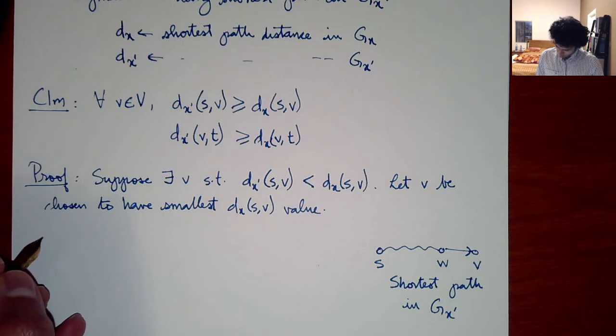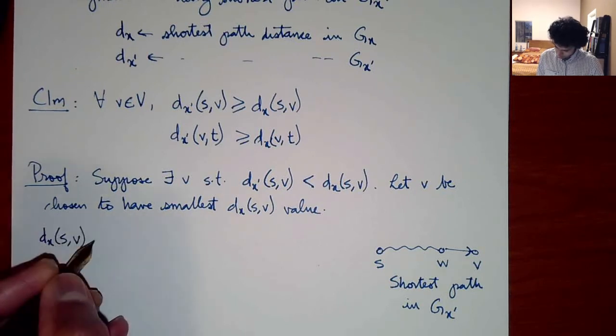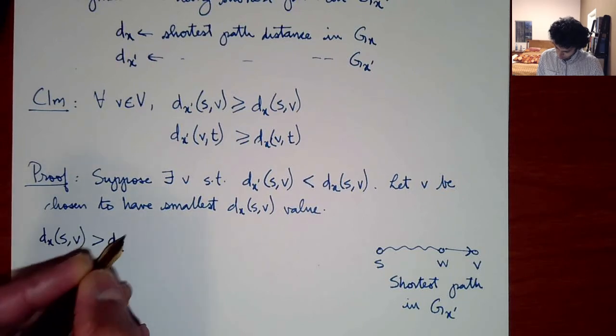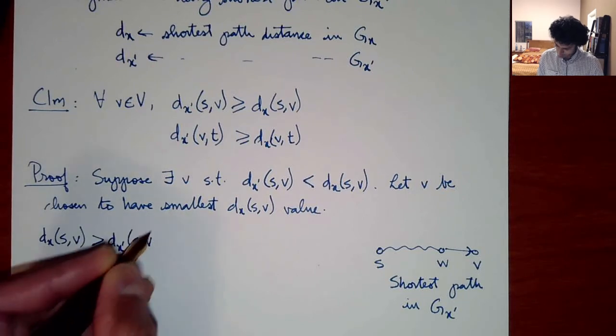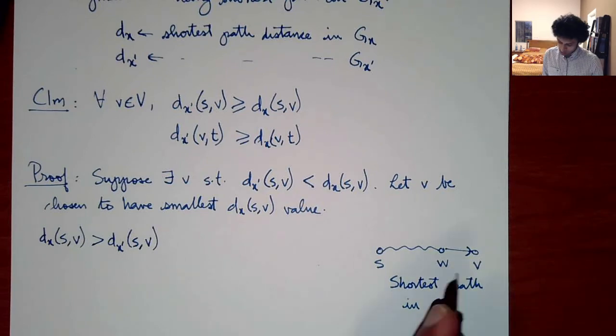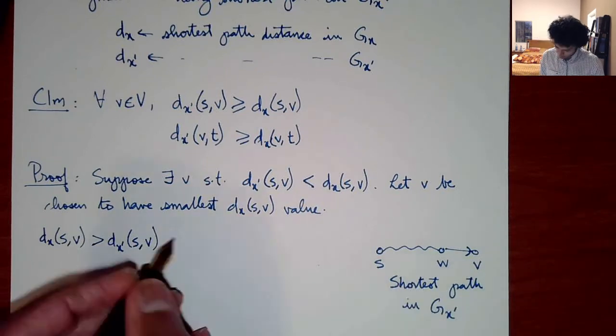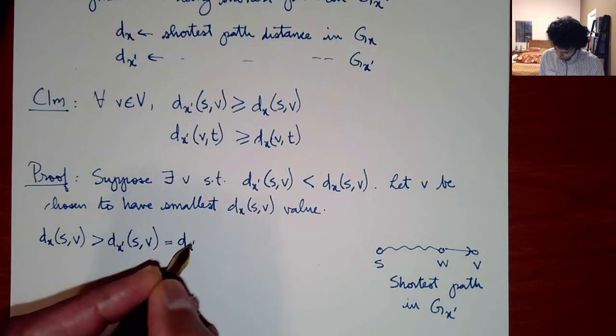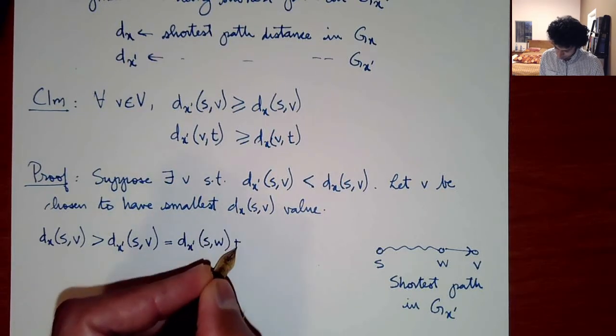Okay, so I'm going to write a bunch of things down. So d x s v is strictly greater than d x prime s v. This is by assumption. Now what is the distance in x prime from s to v? This is the distance in x prime from s to w plus 1.